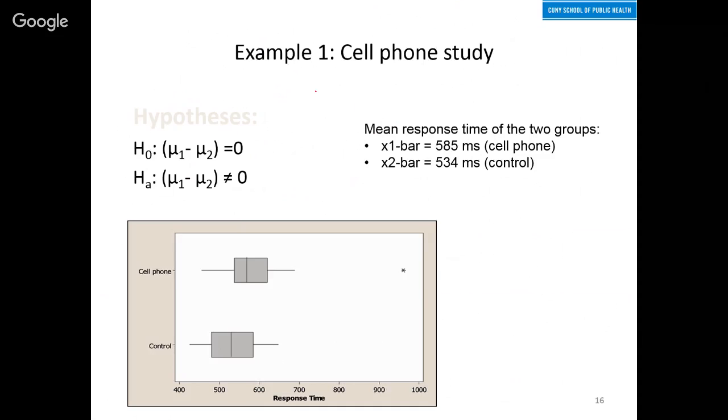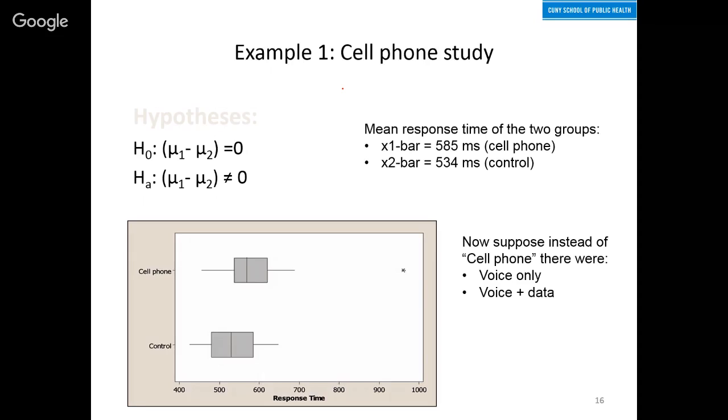We calculated the mean response time for each of these two groups, the first with the cell phone and the second being the control. Made a box plot of it here. And then we used a t-test to test the null hypothesis that the difference between the means of the populations from which those two groups were taken is 0.